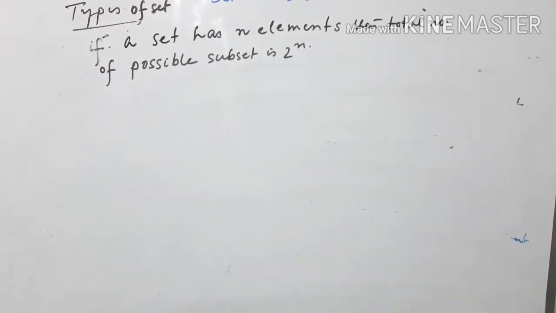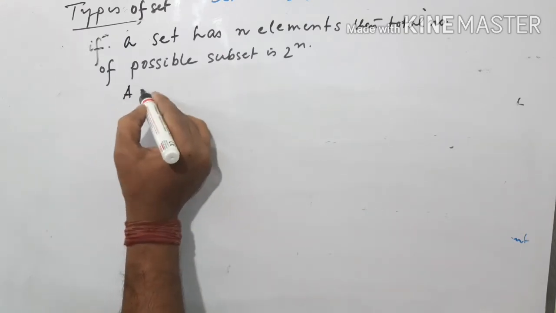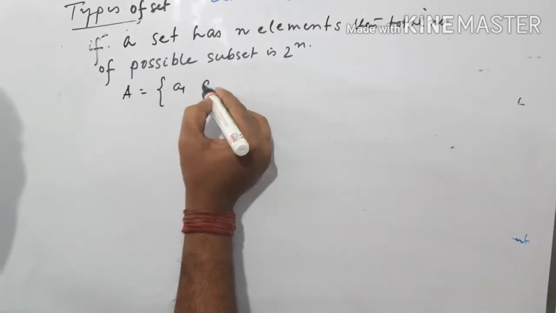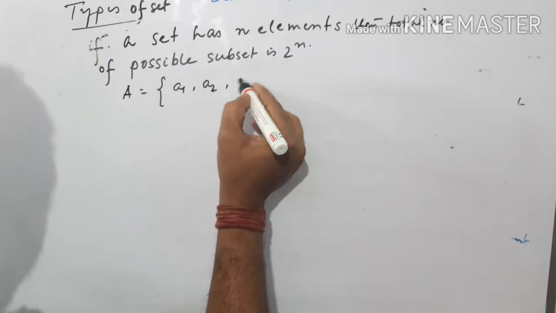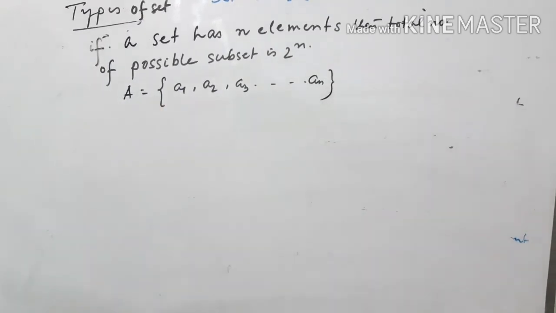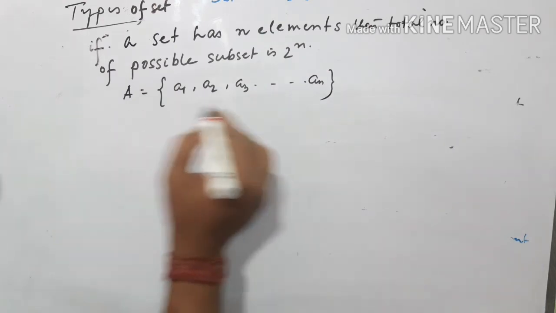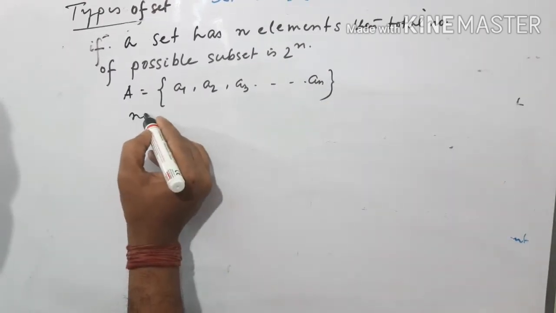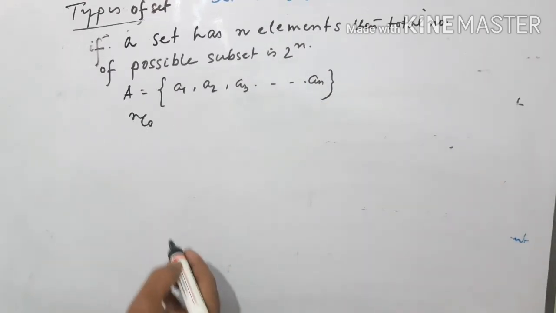Next, if a set has n elements, then the total number of possible subsets is 2 to the power n. So let us consider a set A whose elements are A1, A2, A3 up to An. When we are choosing a subset, out of n elements we can choose 0 elements to form the null set.